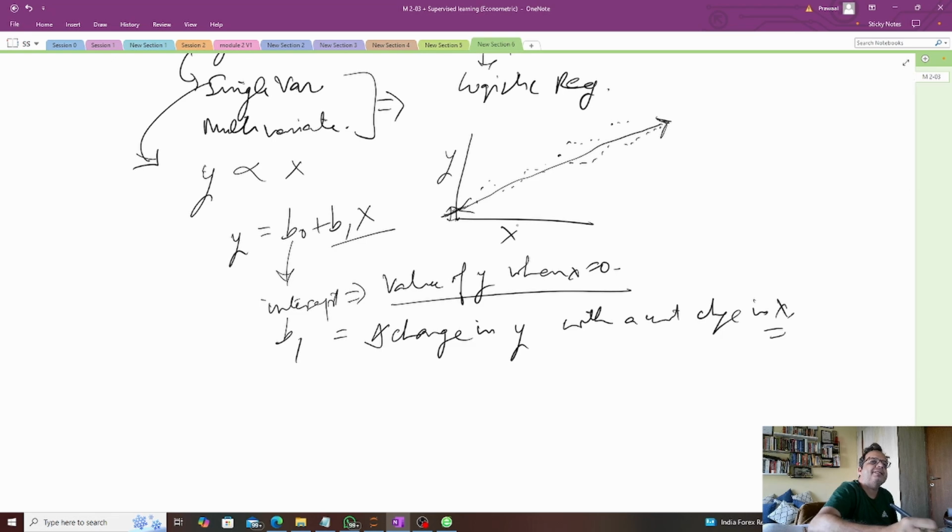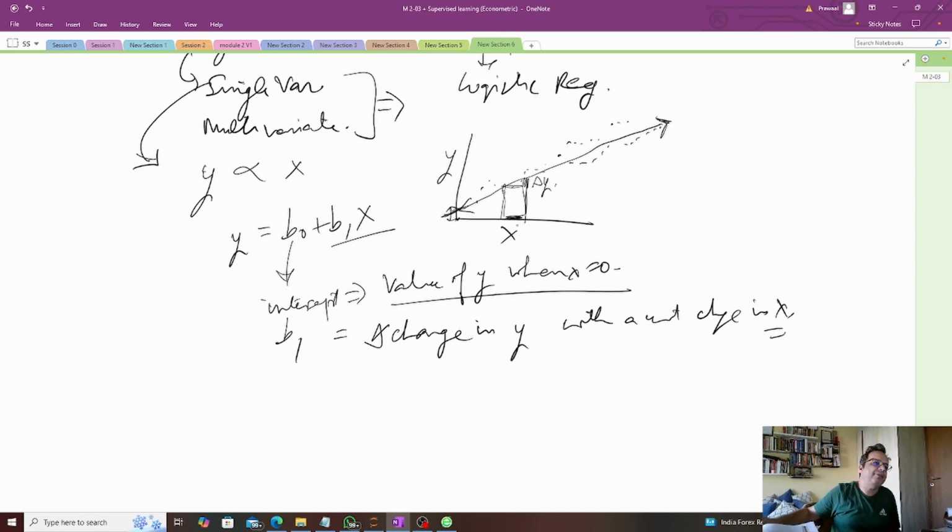So when x changes by 1 unit, what is the delta change in y? Okay, so that's the physical interpretation of what these actually mean.